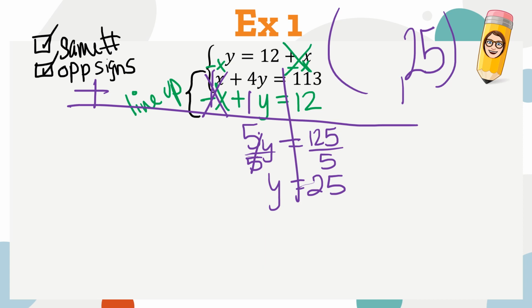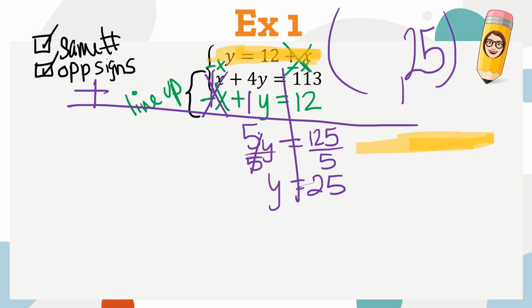I need to find my x. So here is your choice. You get to choose the top equation or the bottom equation. It doesn't matter. And you know what? To me, the top equation kind of just looks a little easier, right? So I'm going to rewrite that top equation. That's the one I'm choosing. You could choose the other one.